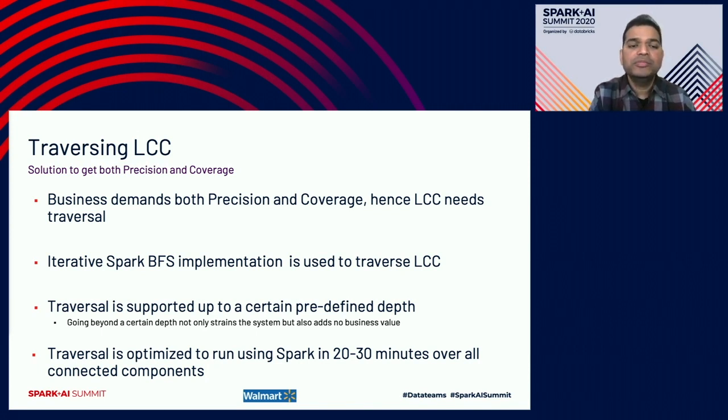For that, we have implemented a breadth first search using Spark, and we're able to traverse the large connected component as well. With the implementation, we can go to a certain predefined depth in the large connected component, because you want to restrict how far down you go as part of the BFS. Putting it together, the entire traversal on graphs created using 30 billion nodes now finishes within 20 to 30 minutes overall.